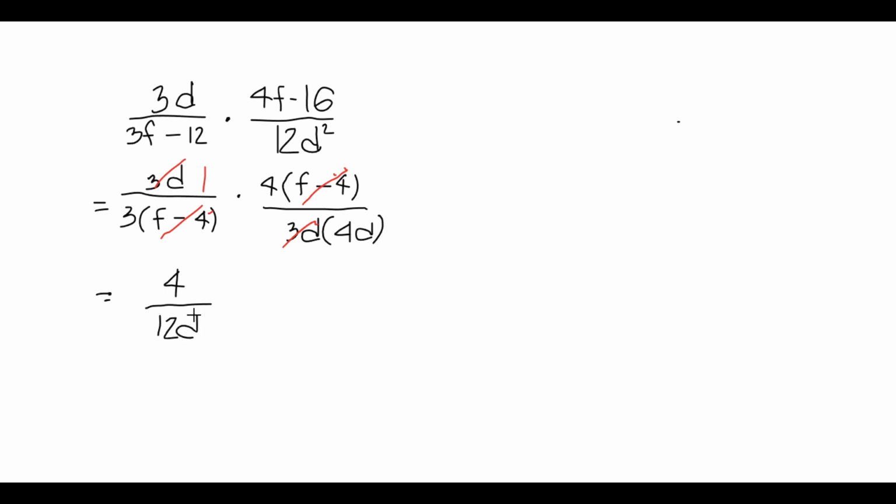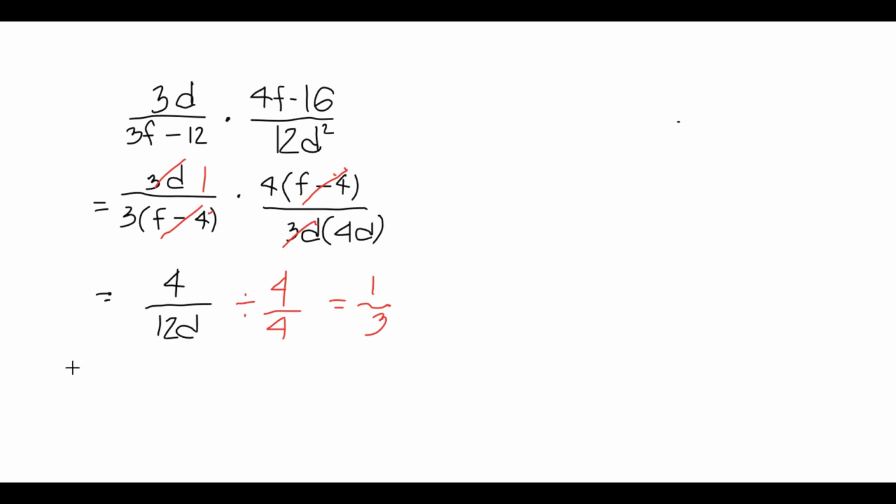Is this the final answer? No, because 4 and 12 can be reduced by dividing each number by 4. So 4 divided by 4 gets 1, and 12 divided by 4 gets 3.